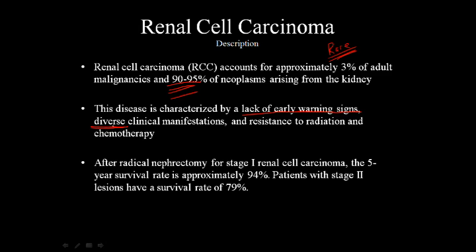So you have all of these different clinical manifestations, and the problem with this is that many of these manifestations are other manifestations of other things, and so you attribute them to other things and stumble in on renal cell carcinoma. And the really, really horrifying thing is that it is typically resistant to radiation and chemotherapy.